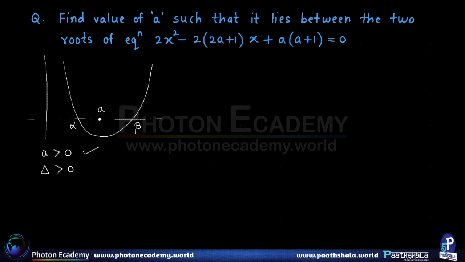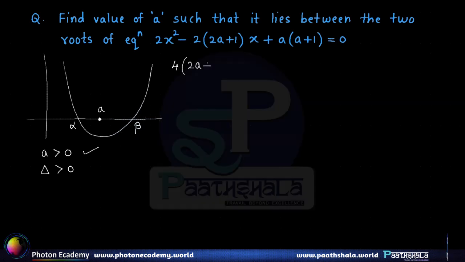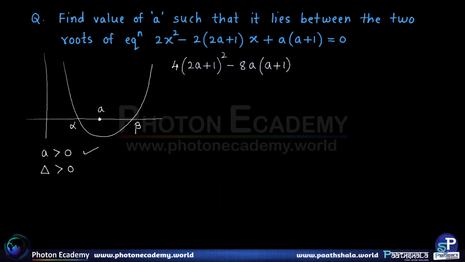Now writing the value of delta, we have minus 2 the whole square, which is 4. Then we have 2a plus 1 the whole square, so this is that b square, minus 4 times a into c, so that is 4 into 2, which is 8a into a plus 1. This we want to be greater than 0.